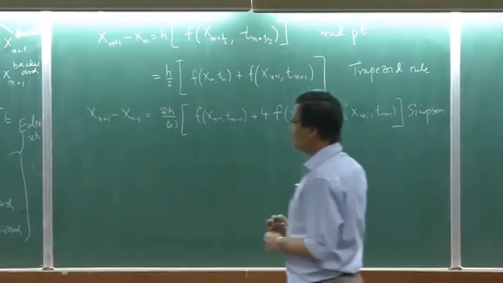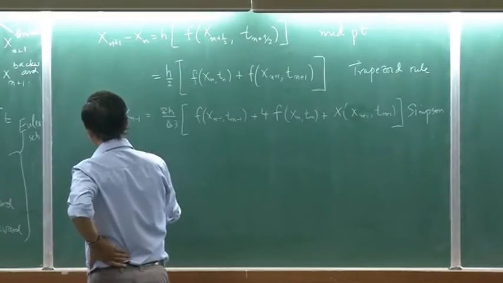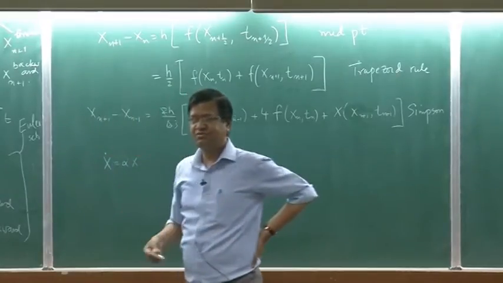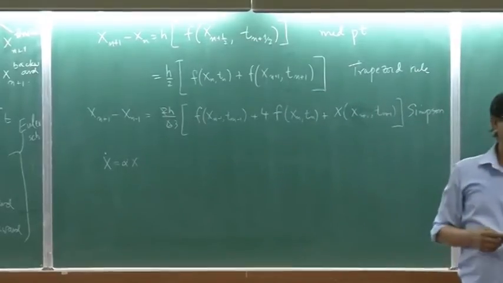The example I am going to use is x dot equals alpha x, where alpha can be positive, negative or complex. I will allow all possible alphas.